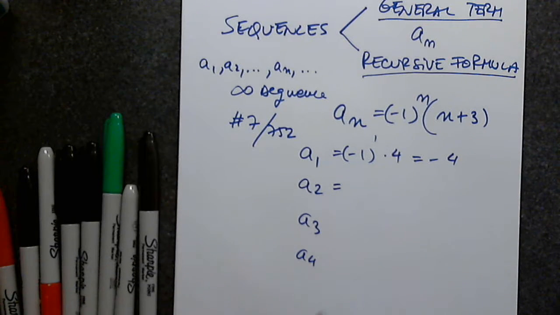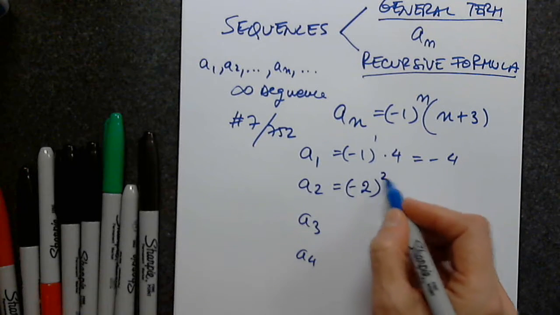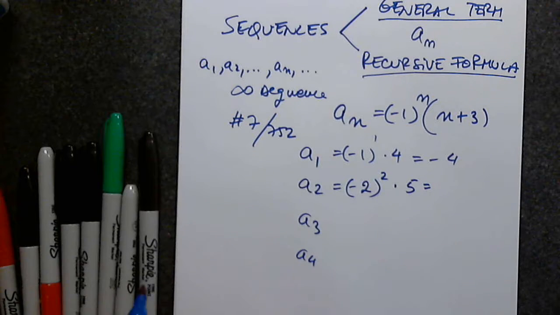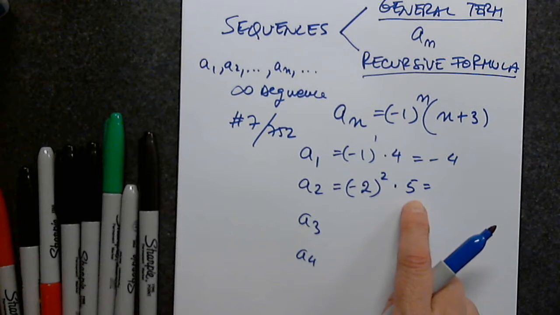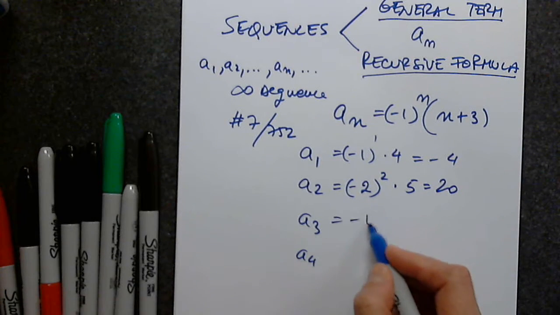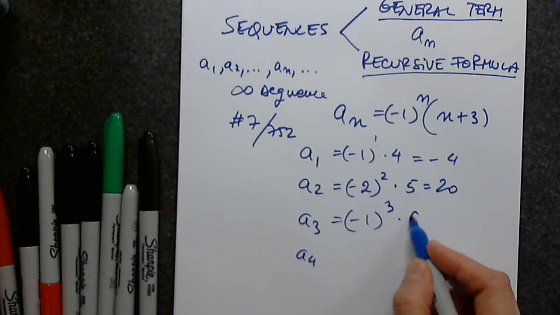When I'm asked to find A2, exactly, -1 raised to the second power multiplied by 2 plus 3, which is 5.